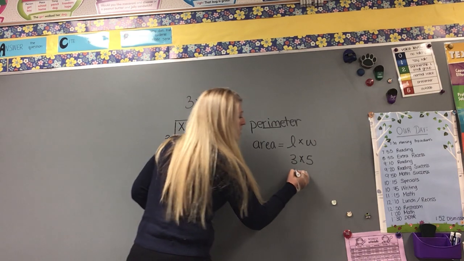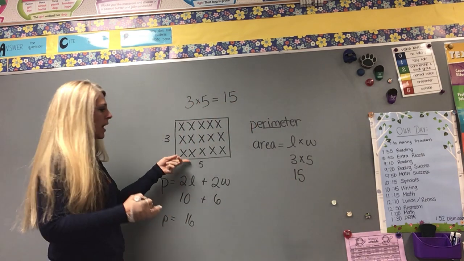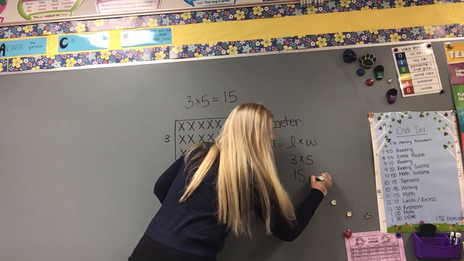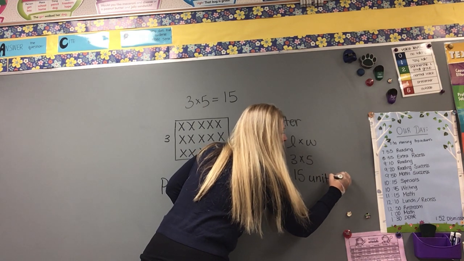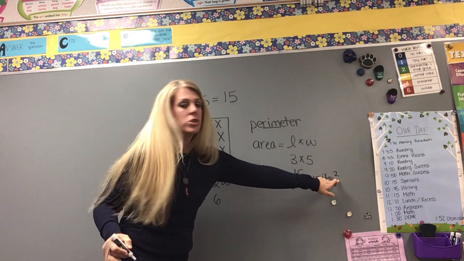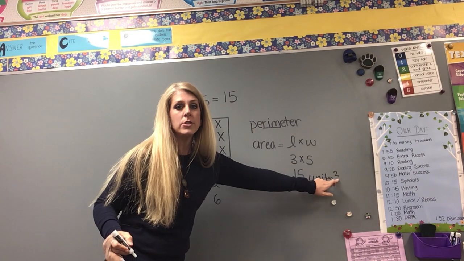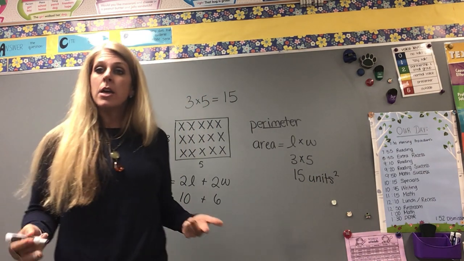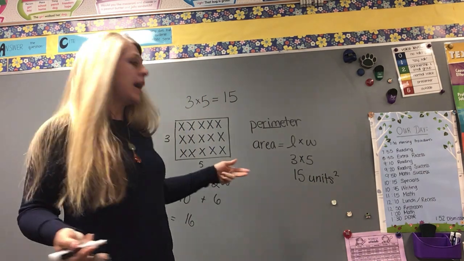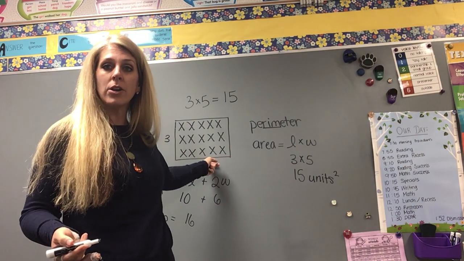So the area of this shape is 15, and I didn't give us any units, so we could just say units, but I'm going to add this little 2 up here. The little 2 means squared. It means I have 15 square units.